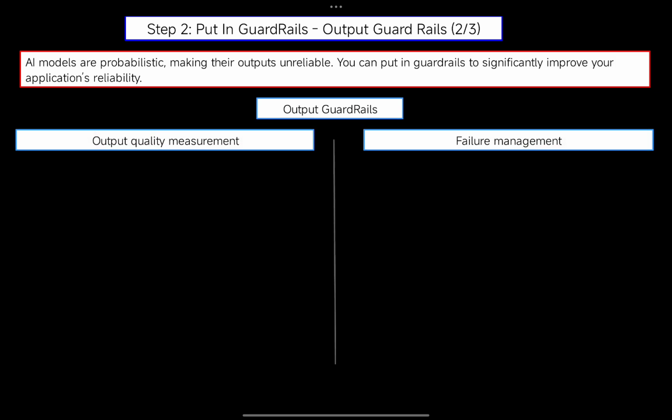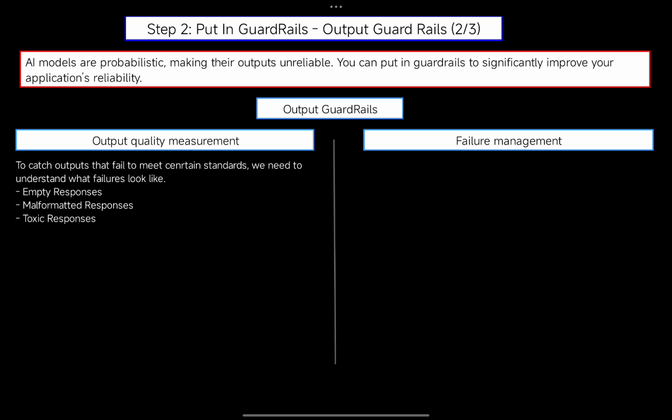Output guardrails have two parts: you need to catch and measure the quality of your output response, and based on that you can put in certain failure management techniques through which you can mitigate those issues, right? So let's first talk about the output quality measurement. You can catch the outputs which fail to meet certain output standards, and based on that you can identify the failure points in your system.